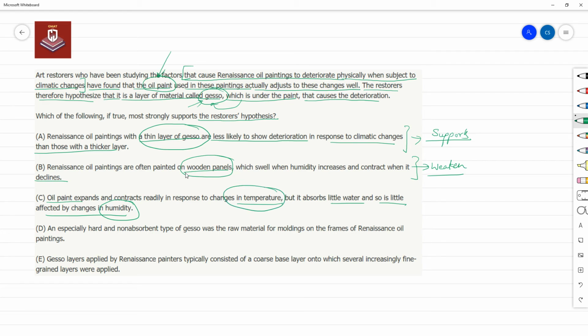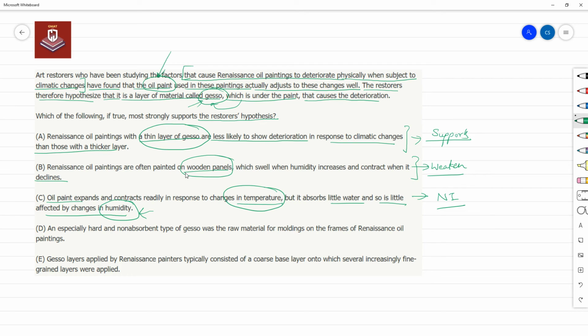So it is not supporting and not going against what they have found, right? What they have found is that oil paint adjusts to climatic changes well, but this says it adapts to humidity well, but does not really adapt to temperature well because it expands and contracts readily. So it has unclear impact on the argument. Okay, so this is out.